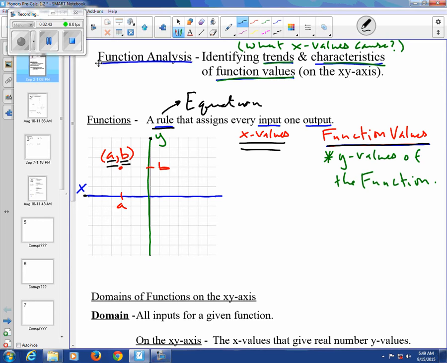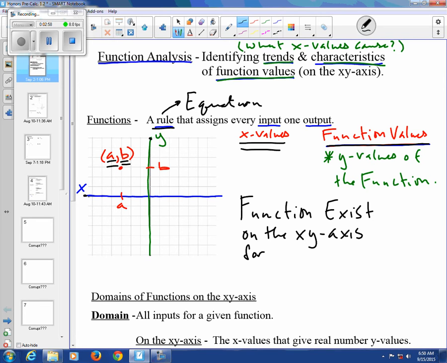So what we're going to say is a function exists on the xy axis for all x values that give real number y values.